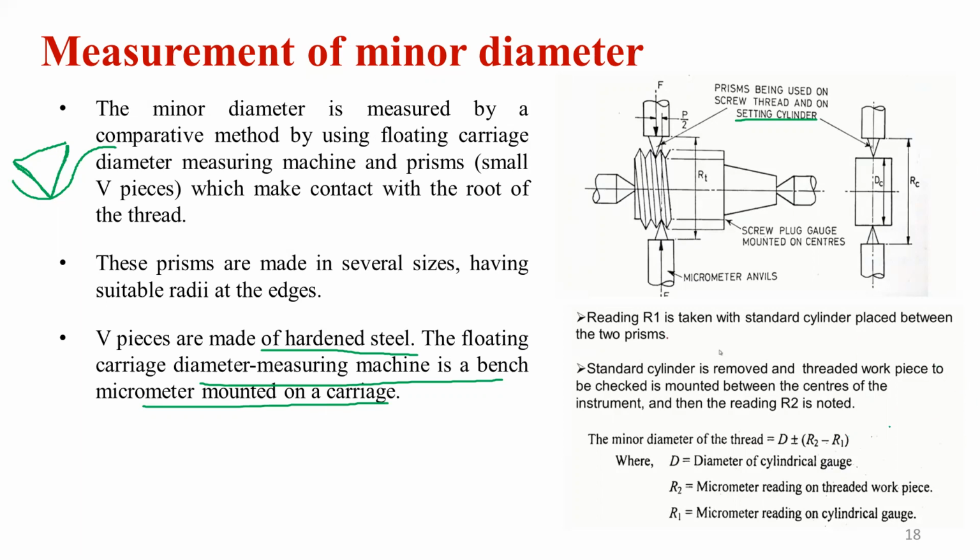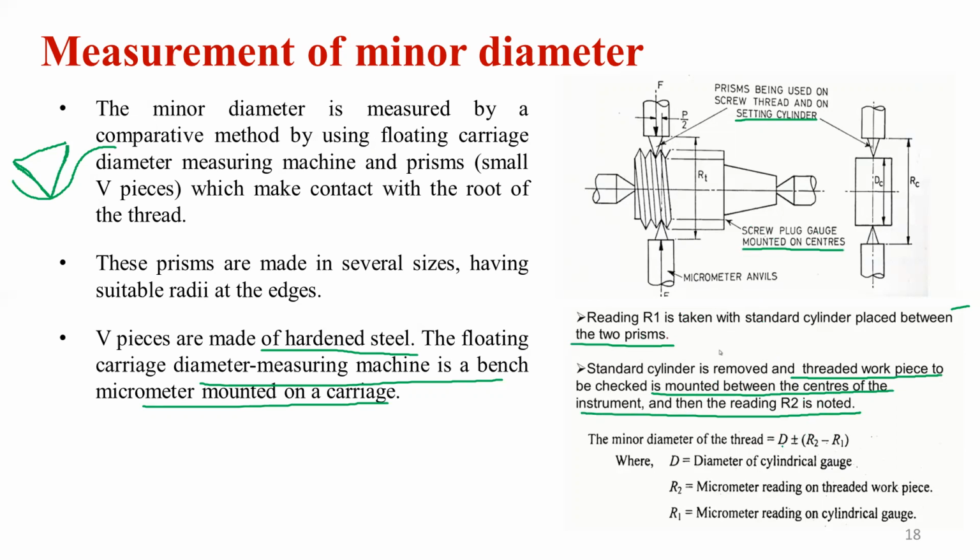Initially we set a standard plug gauge of approximately the same size as the minor diameter of the screw thread. It is mounted on the centers, and we take the reading R1 when it is placed between the two prisms. Then the standard cylinder is removed, and the threaded workpiece to be checked is mounted between the centers of the instrument, and the reading R2 is noted.